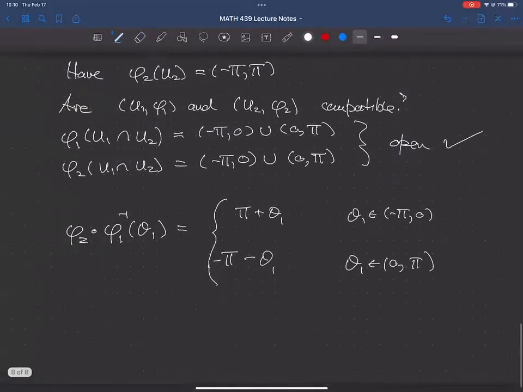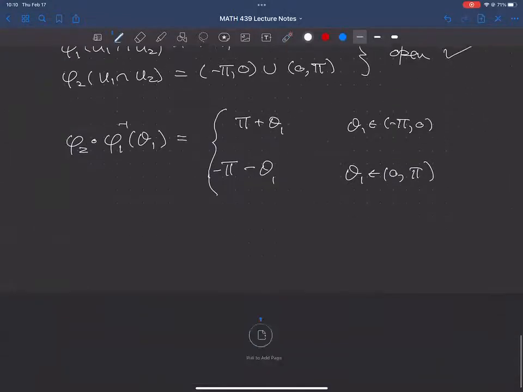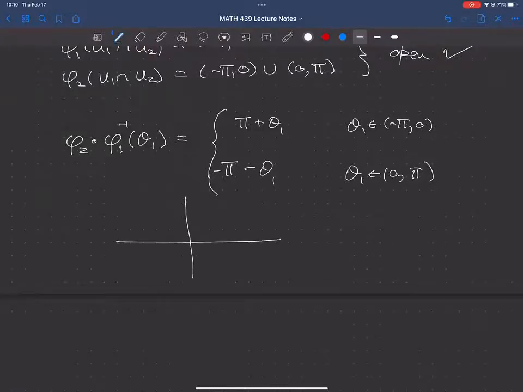So what we need is for that map, according to the definition, to be a smooth diffeomorphism. Okay, so let's plot it. It has two segments.